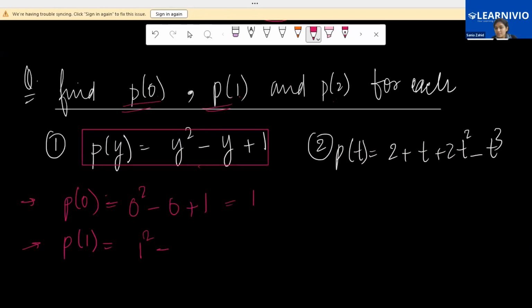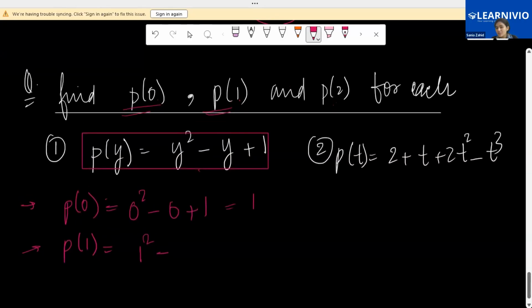You don't understand? See, Hafsa, we just have to replace y with 0, 1 and 2. That's it. Nothing new we are doing here. What is different? See, this is the same question as before.